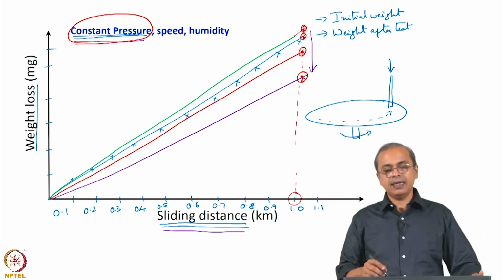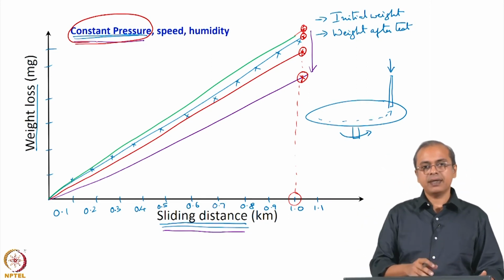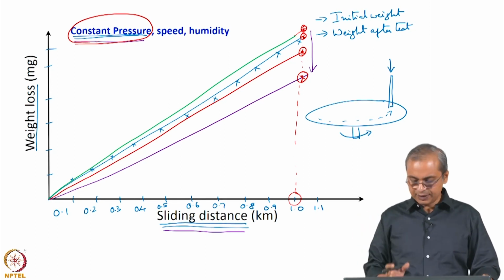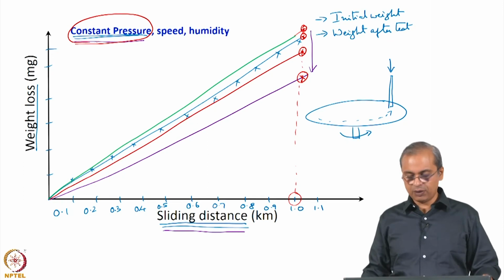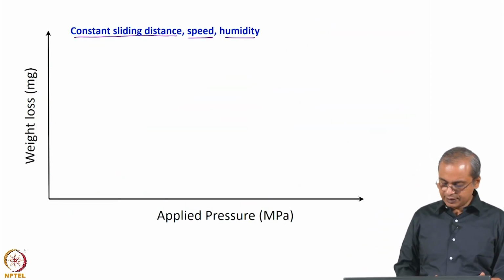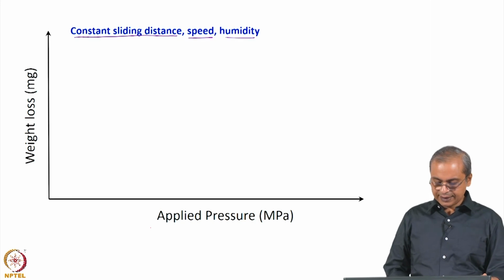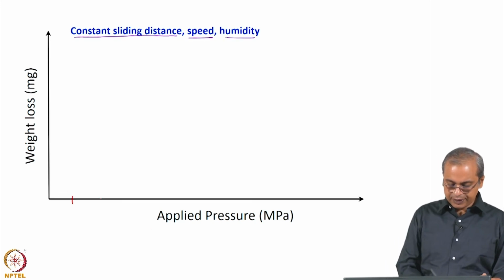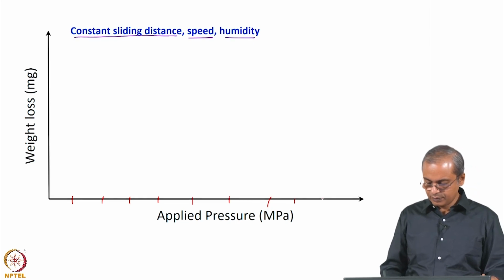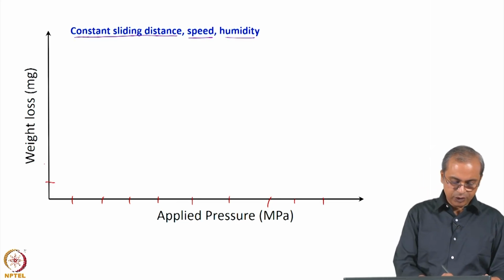Now, I can run another test where I change the pressure to a higher value and again run the test, again run for the same amount of distance, look at the different weight losses. So, that is what we are plotting here. So, applied pressure is on this x axis. So, you have different values of applied pressure, and again you are looking at weight loss.